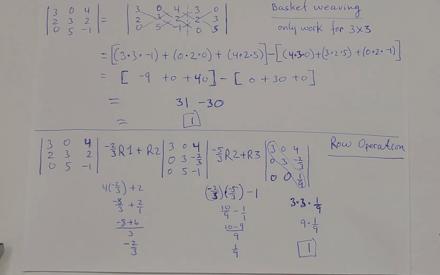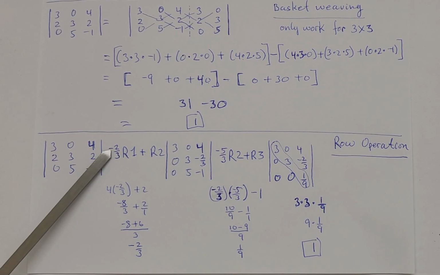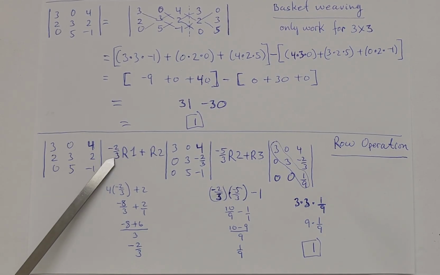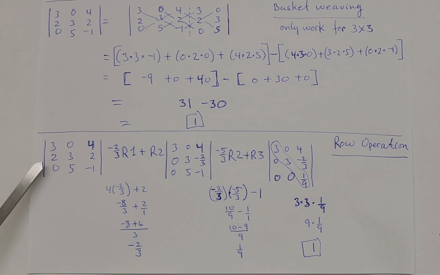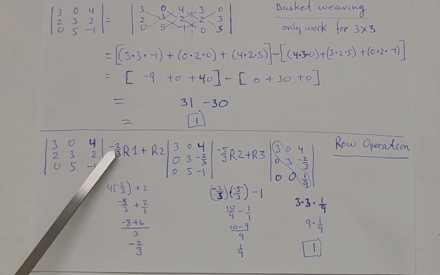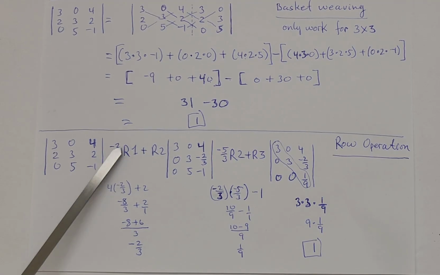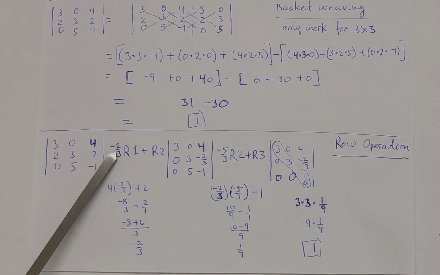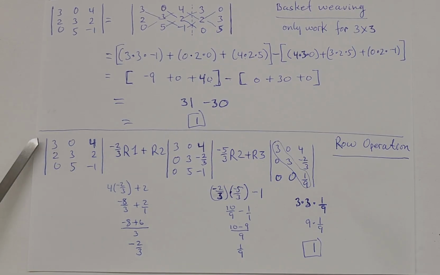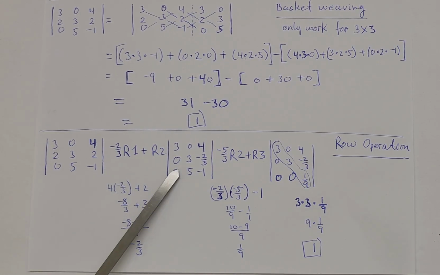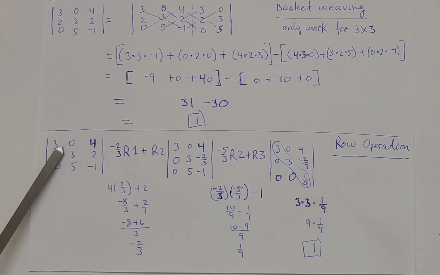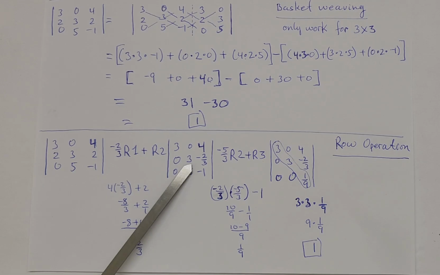So here, negative 2 times 3 gives me negative 6. Negative 6 divided by 3 gives me negative 2. Negative 2 plus 2 gives me this 0. Next, negative 2/3 times 0 is just 0. 0 plus 3 will give me this 3.